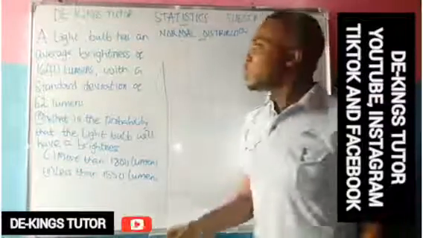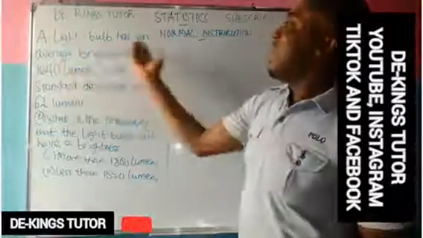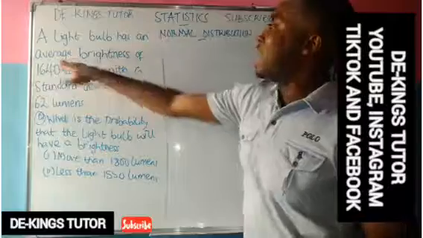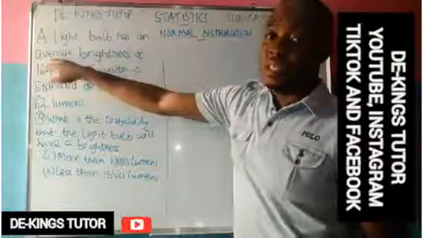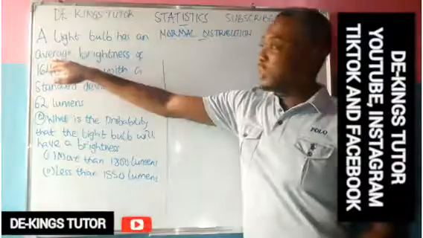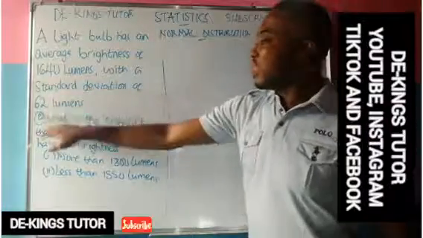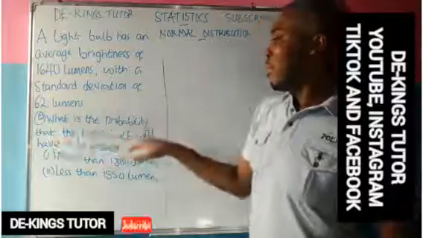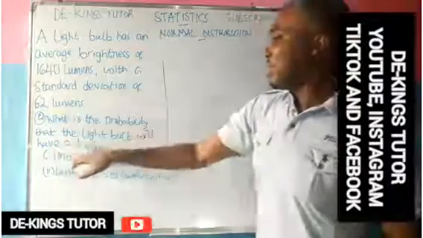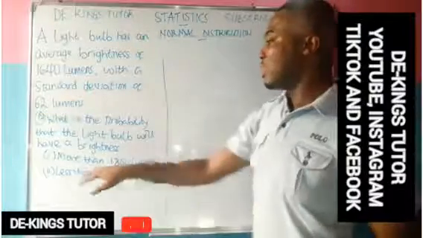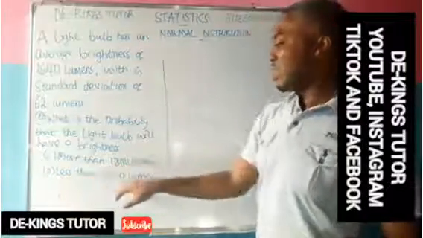So, they said a light bulb has an average brightness of 1640 lumens. Average also means the mean. Remember, our mean is also the average. Lumens, with a standard deviation of 62. They say, what is the probability that the light bulb will have a brightness, figure 1, more than 1,800 lumens, figure 2, less than 1,500 lumens?